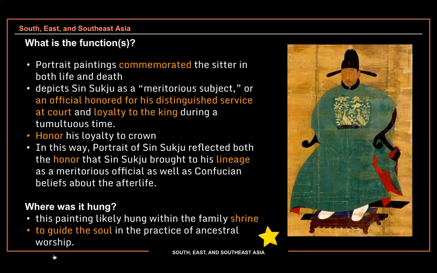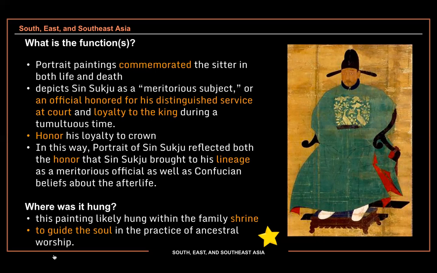It has telltale signs of details that tell us that he was a distinguished member of the court and he was loyal to the king. It would show that he was an honor to that crown. And so there's ways that this is portrayed, in the regalia that he's wearing and the clothing he has, and we'll talk more about those later.